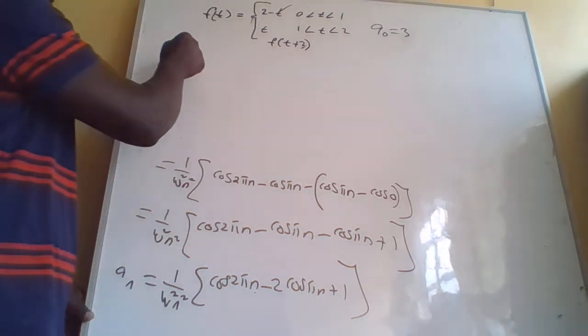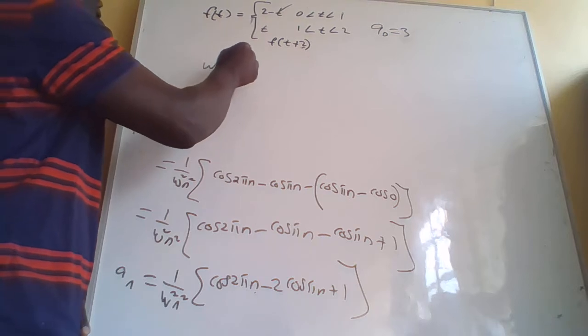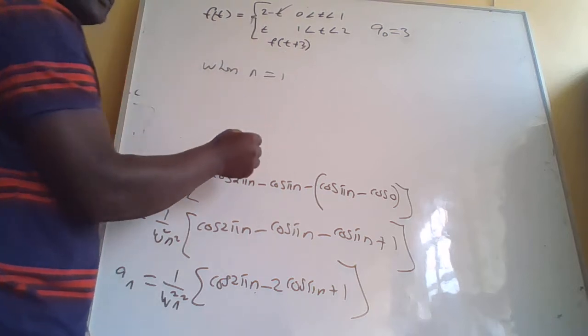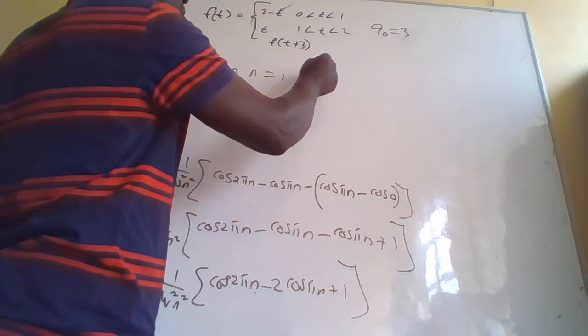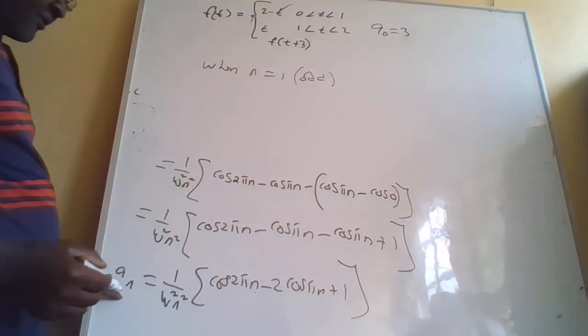So from here, when n equals 1, that is odd, what will be the value of an?